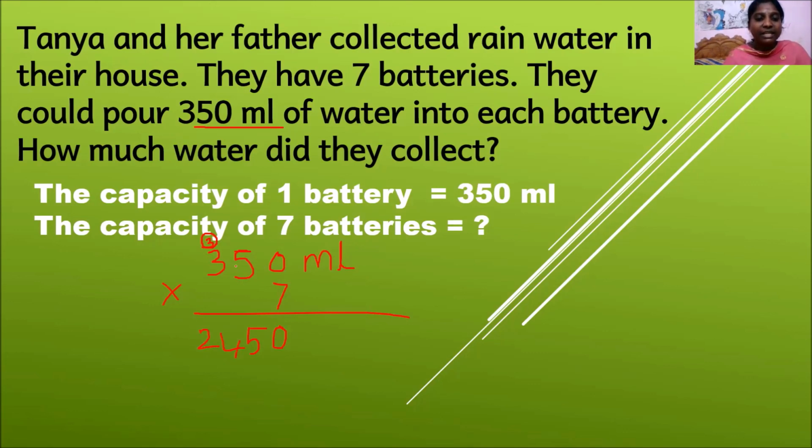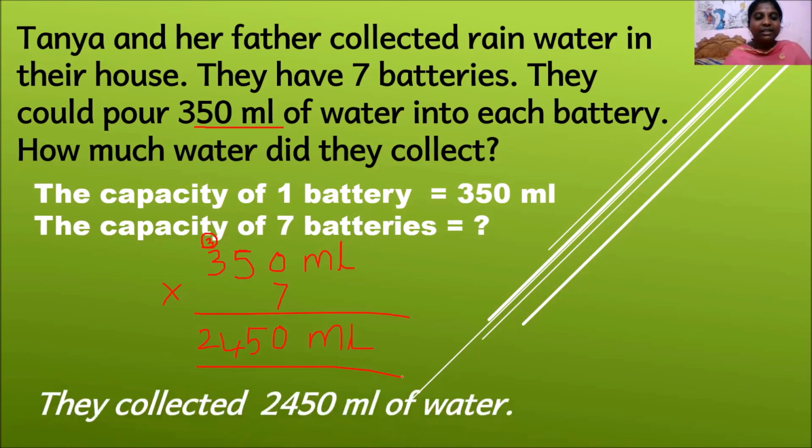When we multiply 350 ml with 7, we get 2450 ml. So they collected, that means Tanya and her father collected 2450 ml of water in 7 batteries.